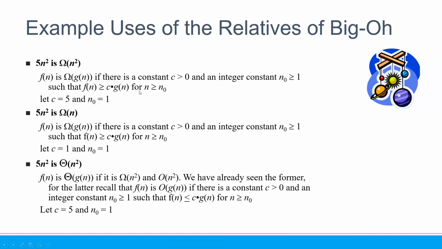So there might be questions in your exam. If I give you this kind of notation, check whether it is true or false. Then you can see how we can prove whether it is true or false.